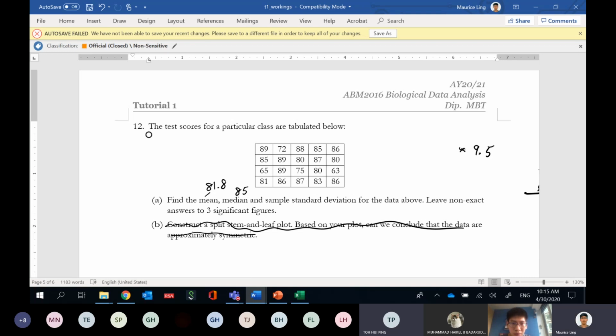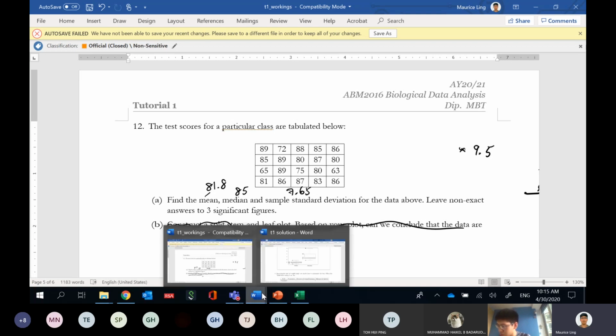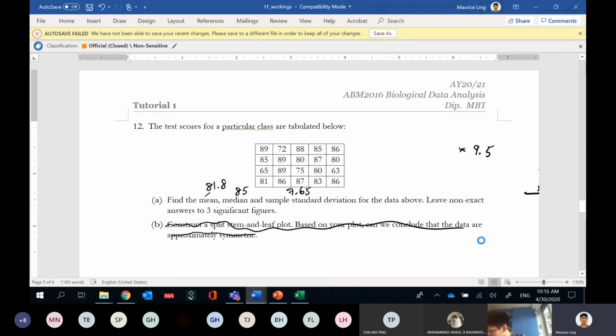Standard deviation? 7.65, correct. Good. So these are all the answers that you have. Any issues? Any problem? Okay, so this is the end of the tutorial.